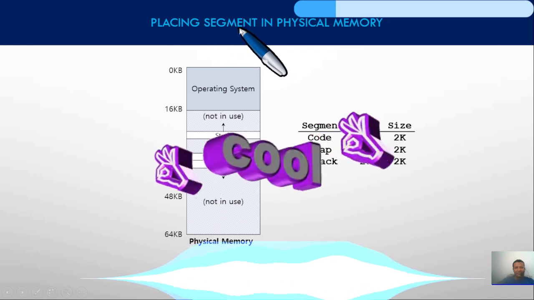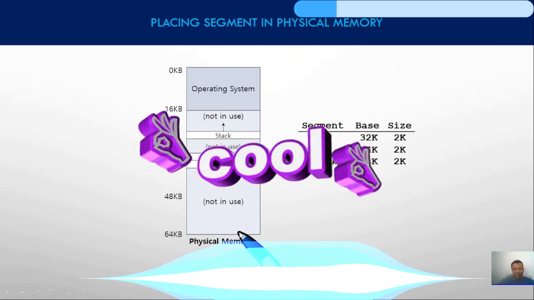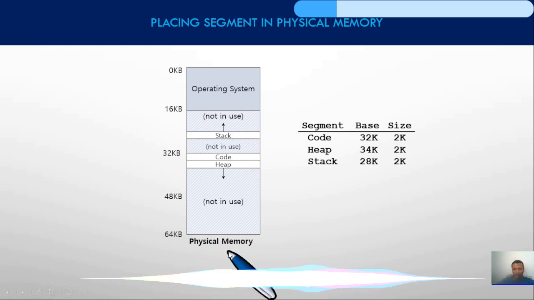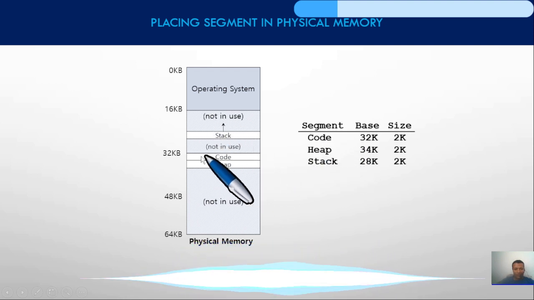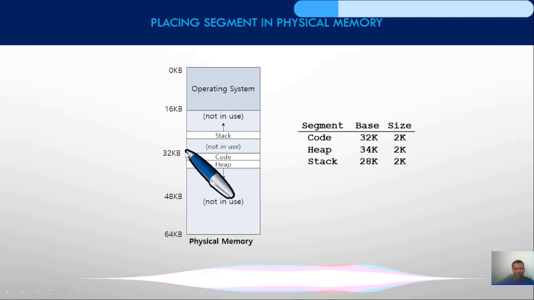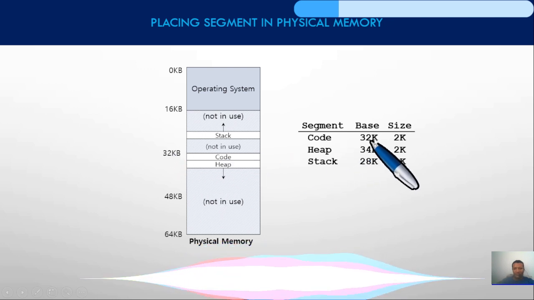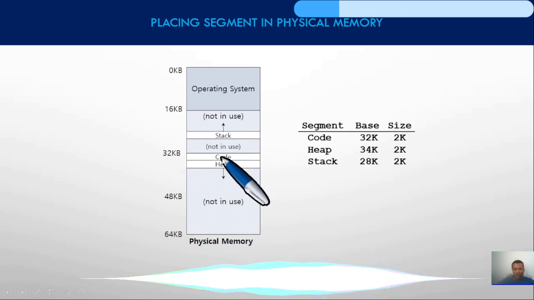Now, placing segments in the physical memory. If this is our physical memory, the base address is already set. For example, for our code, the base address is 32 kilobytes, which is given by the operating system. Then we have the size 2K, so the code will be here.